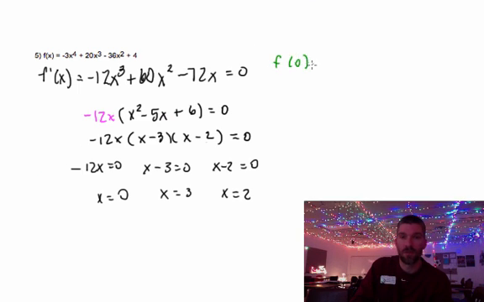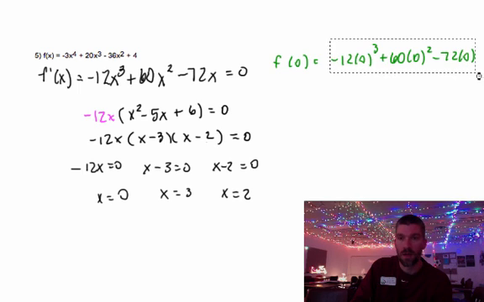So we're going to look at f of 0, which is going to be negative 12 times 0 cubed plus 60x squared, which is 0 squared, minus 72 times 0. Whoops, that was the derivative. Gee whiz. Let's get rid of that guy.